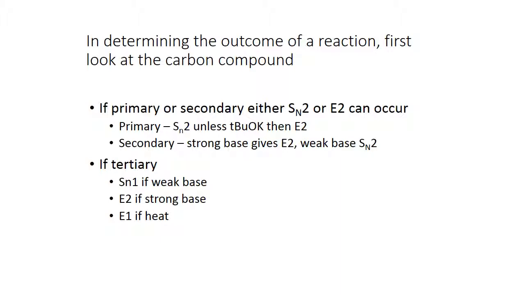If you don't have a base and you have heat, well then you're probably going to have E1 occurring. If it's tertiary, you're going to have SN1 occur if it's a weak base. If it's a strong base, well then you're going to have E2. If it's a weak base and there's heat present, well then E1 will occur.